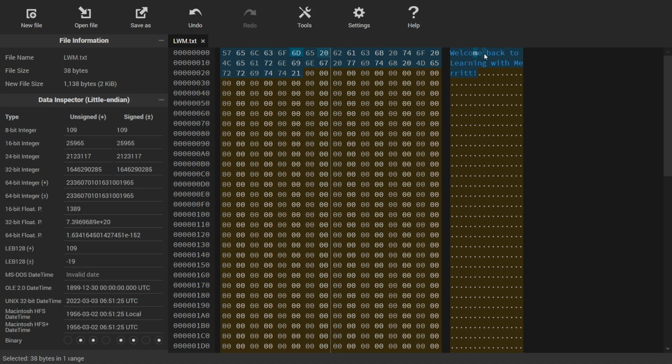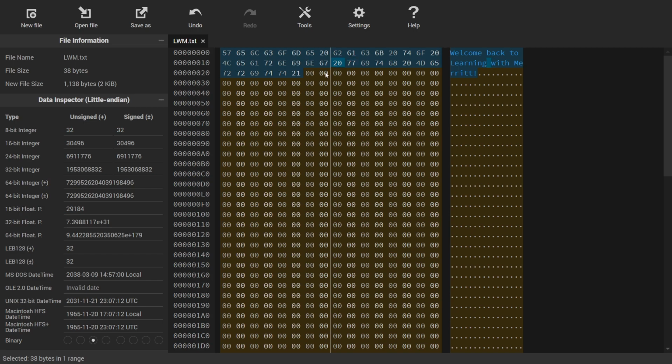You can see, welcome back to Learning with Merit, well, 57 in hexadecimal is a capital W. 65 is an E. 6C is a lowercase l, and so on and so forth. Every time there's a space, that's a character too. So 20 is the space character, and every time 20 shows up, we've got a space. It's a very interesting thing to look at.